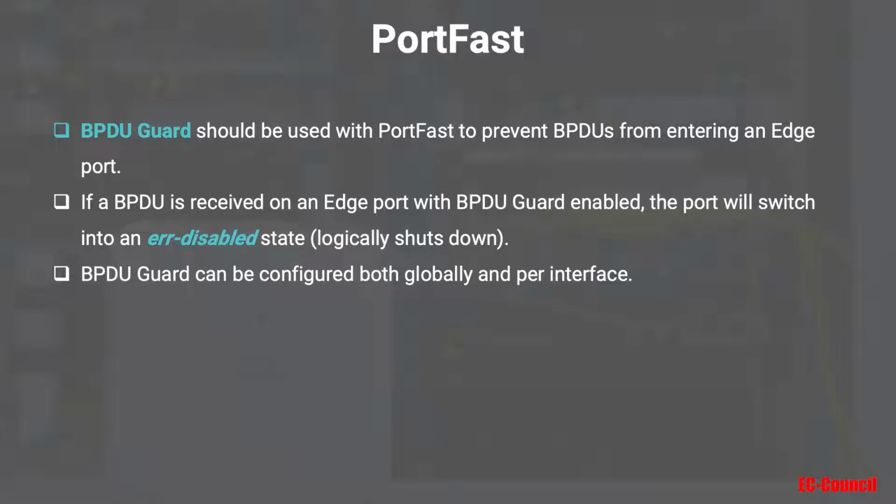If you configure PortFast with BPDU guard and a BPDU is received on an edge port, BPDU guard will change the port state to error-disabled. This means that the interface has received some type of security violation, and Cisco IOS logically shuts down the interface. BPDU guard can be configured globally to apply to all interfaces by default, or you can apply it at the per-interface level.